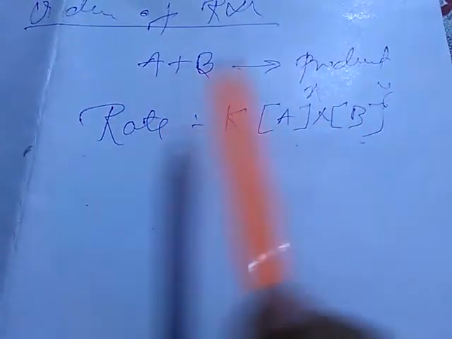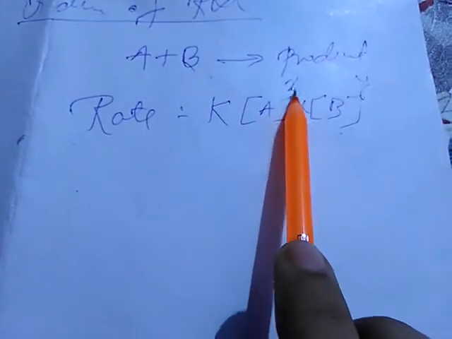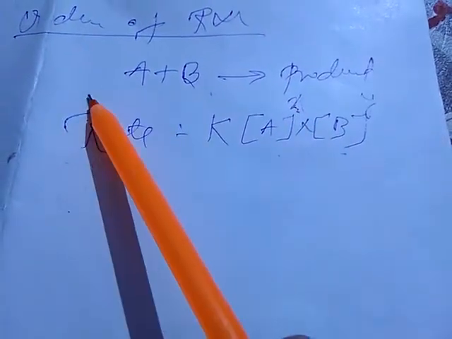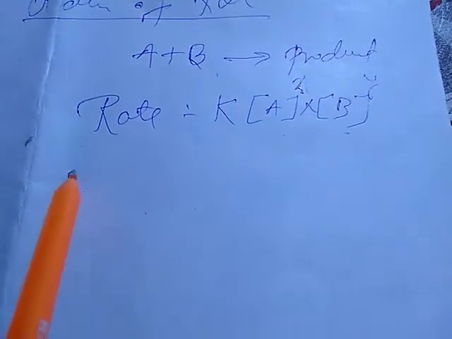Now in this rate expression, this x is called the order of reaction. This x is called the order of this reaction with respect to A. Here, what is this x?